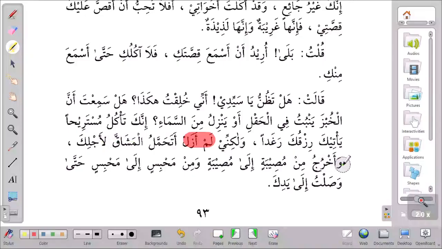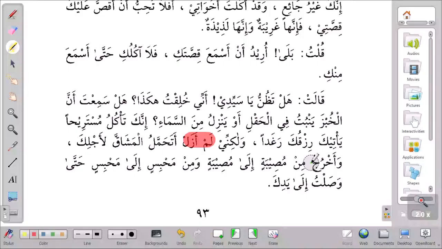So he continued by saying, wa akhruju min musibatin ila musibatin, and I go from a calamity to a calamity. Wa akhruju min musibatin ila musibatin, and I go from one calamity into another calamity.